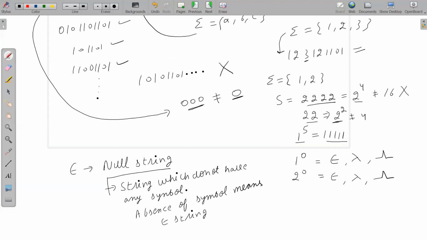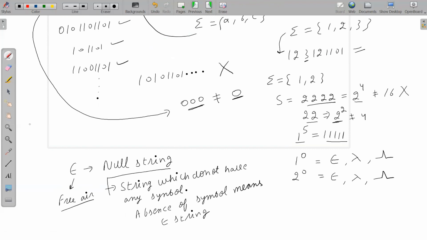Okay, that means nothing is present in it. So you can visualize it just like free air. It is just like air. Okay, free air. Nothing is present. Nothing means null string. Okay, I hope I have cleared this point.